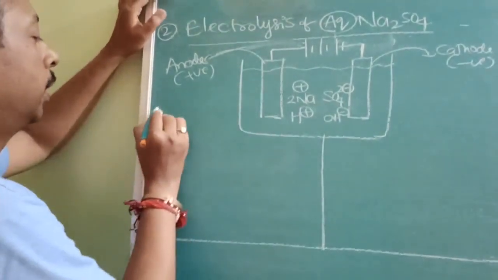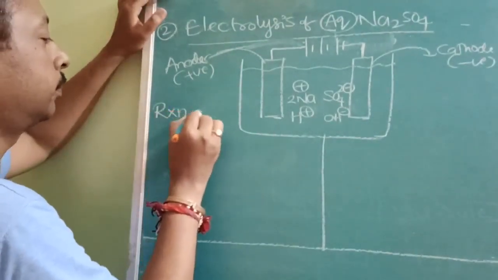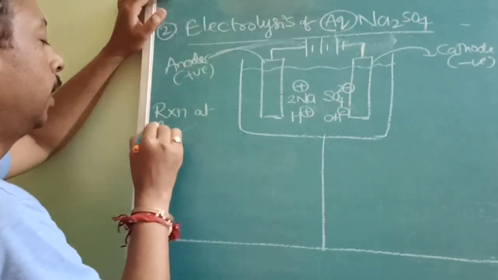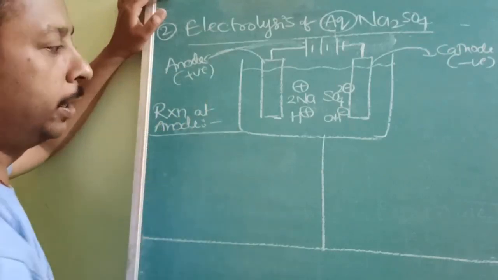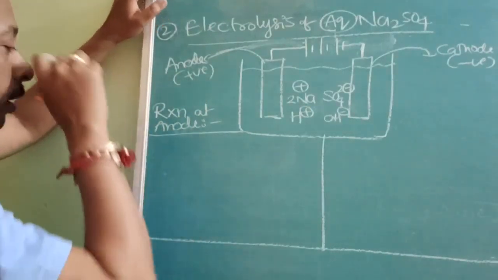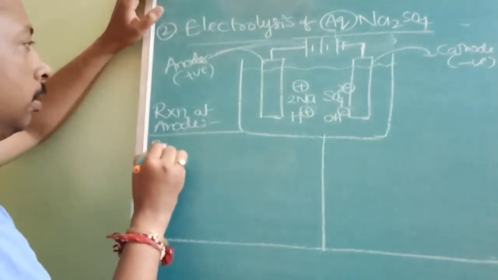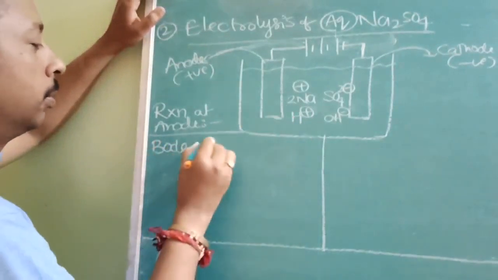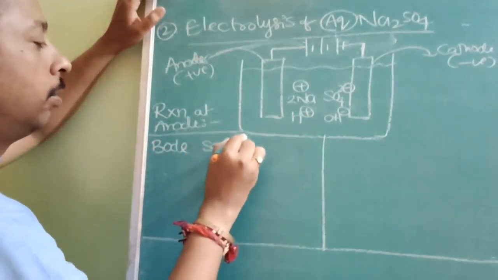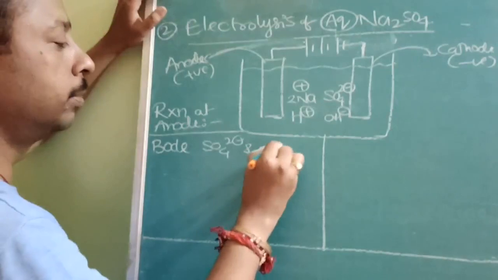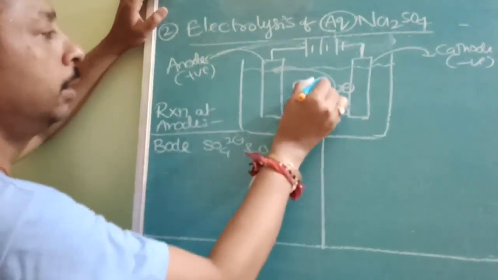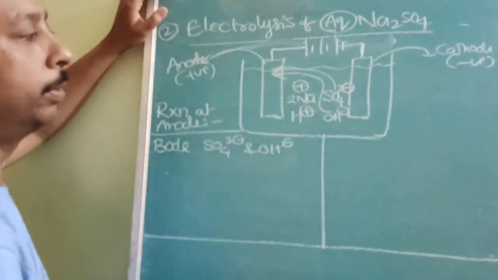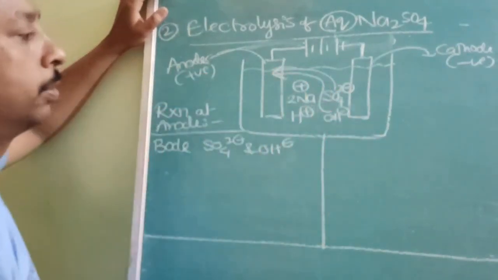Now let us see the reaction. Reaction at anode. This wording is very, very important, so write it down. Both SO4 2 minus and OH minus will come here, because both are negative and the anode is positive.